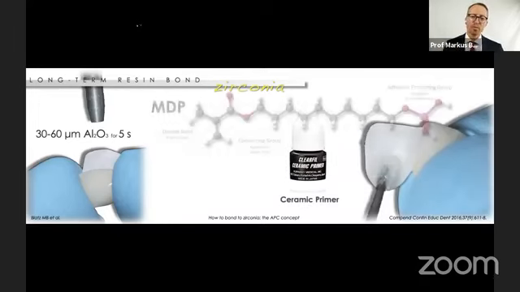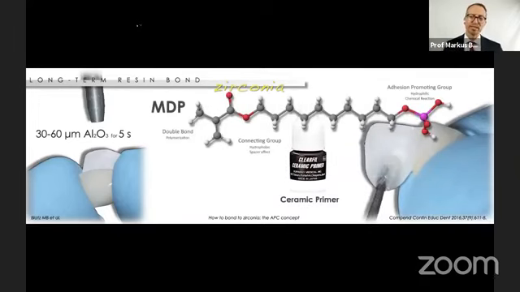Then we want to use a primer that has the ability to chemically bond to the zirconia, like a silane to the silica, but that doesn't help you here. Acid etching and silane do not help on zirconia. Here use air abrasion and a special primer. So please read the instructions of the primers you're using, whether it is for zirconia, yes or no. This monomer has the ability to bond to metal oxide, like zirconium dioxide.